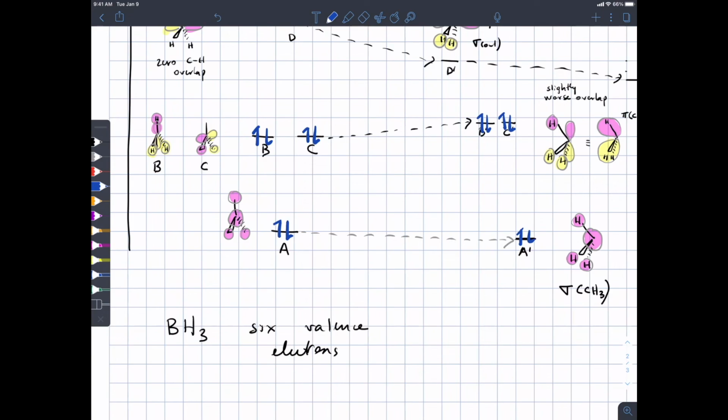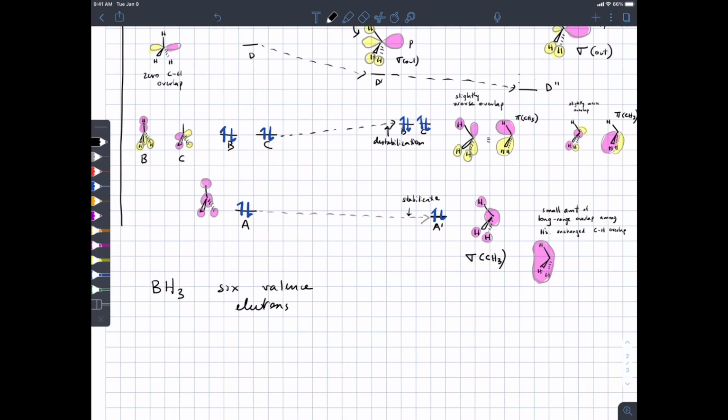Okay. Which situation is better? Planar. And it's hard to tell, because the real question is how much stabilization you get from having slightly better long range overlap versus the destabilization you get by having poorer direct end-on-end overlap.